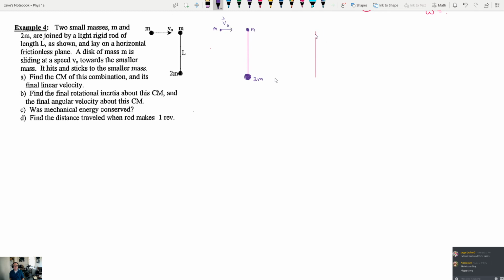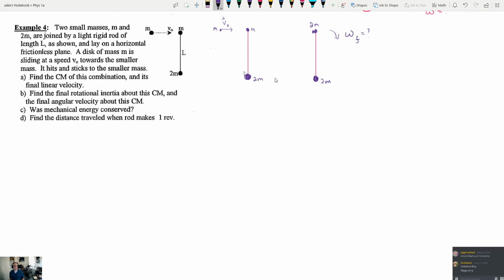The final situation is going to be these two stick together. So we now have basically 2m up here and 2m down here. And now what's going to happen is the system is going to rotate with some angular speed. We don't know what it is. We'll call it omega final.